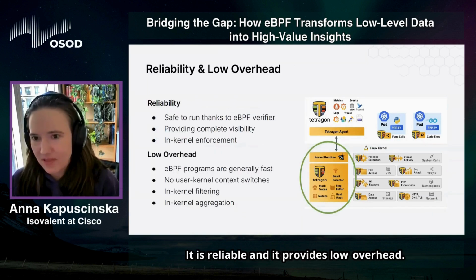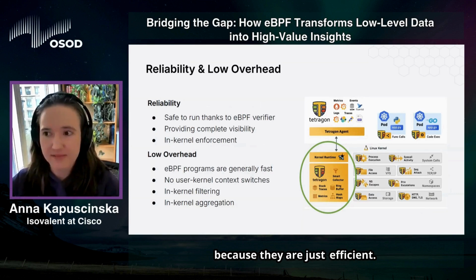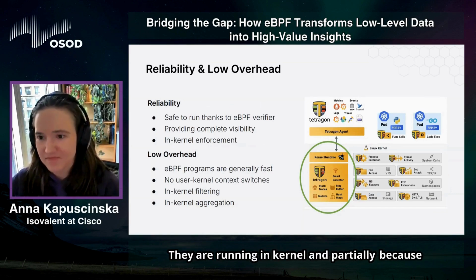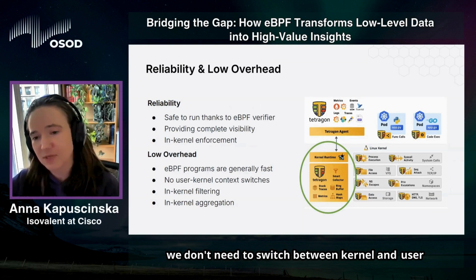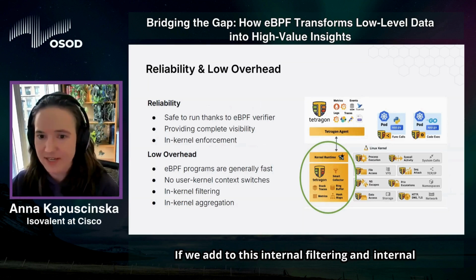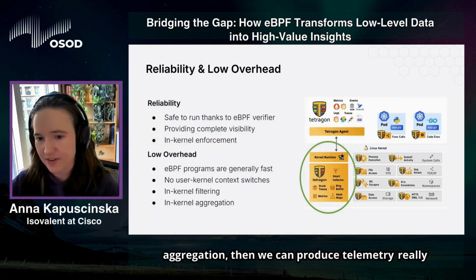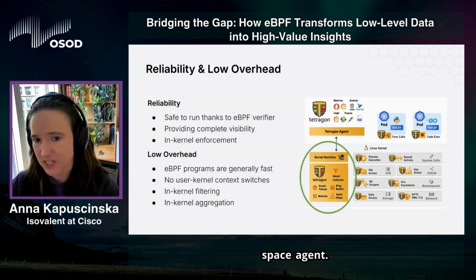It is reliable and it provides low overhead. eBPF programs are generally fast, partially because they are just efficient, running in kernel, and partially because we don't need to switch between kernel and user space all the time. If we add to this in-kernel filtering and in-kernel aggregation, then we can produce telemetry much more efficiently than we would with a user space agent.